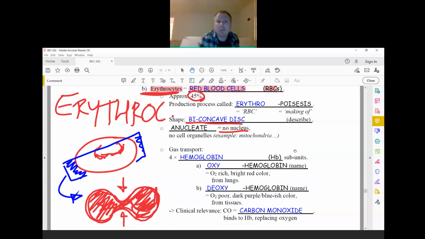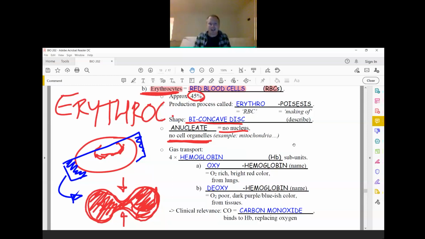In addition, all of the cell organelles are also removed from the red blood cell. So there are no cell organelles in this cell either. And when you think about the function of the red blood cell, which is simply to transport oxygen, that makes sense. If we had a bunch of cell organelles there, they would probably end up needing oxygen too, and they would use all that oxygen before the red blood cell is able to transport it to where it needs to go.